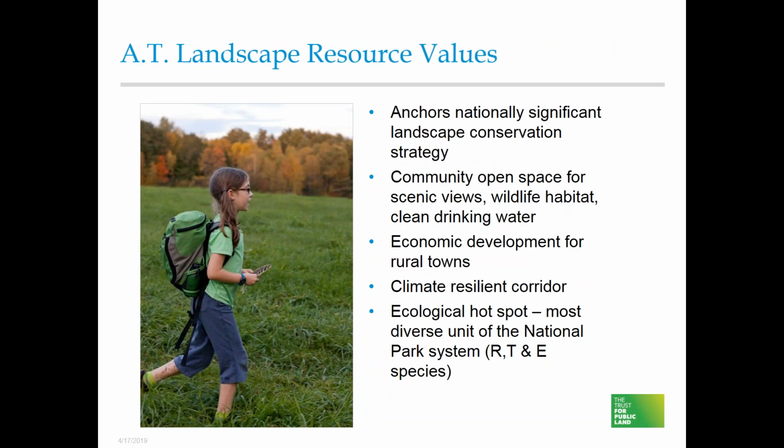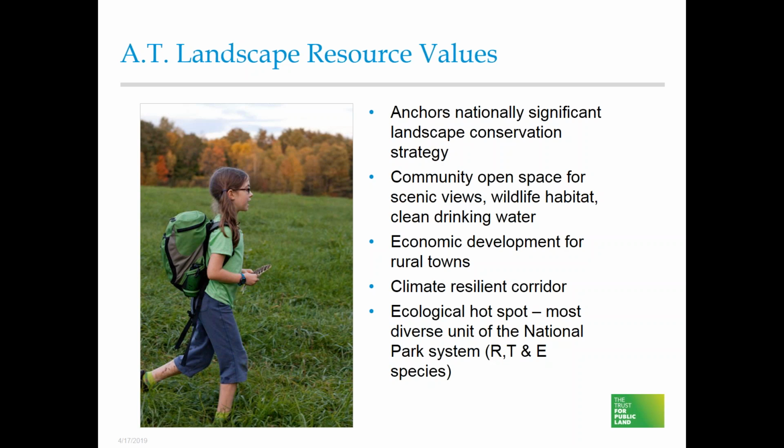The Appalachian Trail is also very important in a community conservation context. So many times the federal Appalachian Trail lands will be the largest piece of open space in a given community. And that's certainly true in Pawling, New York, the project that we're going to talk about in a second. The communities oftentimes are struggling with protecting their scenery, protecting wildlife habitat, their drinking water sources.